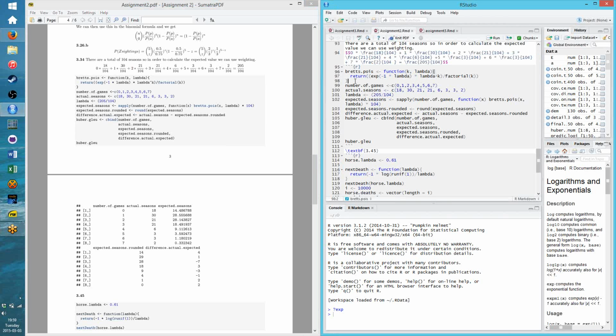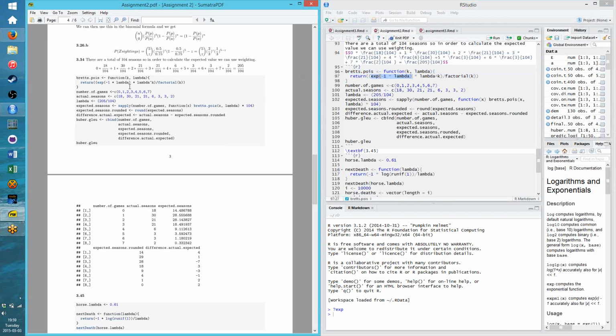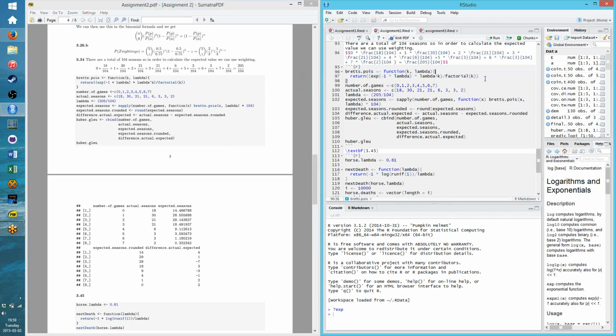And then all I did was create a function here that simulated a Poisson distribution. It takes in a k and a lambda, and it returns the exponential function with -1 times lambda, and multiplies that by lambda to the k, and all that's divided by factorial k. So that's just what the code looks like to reproduce that function.